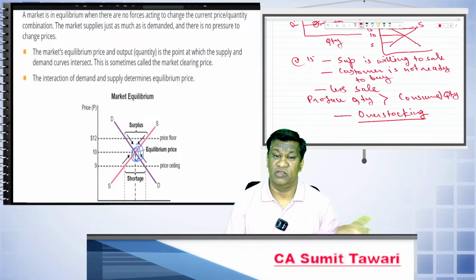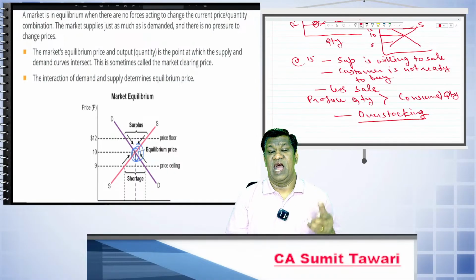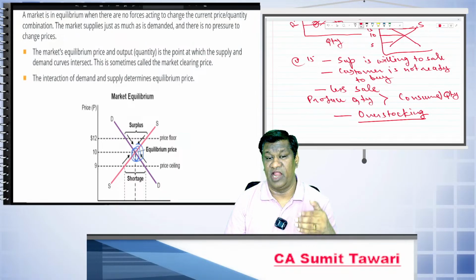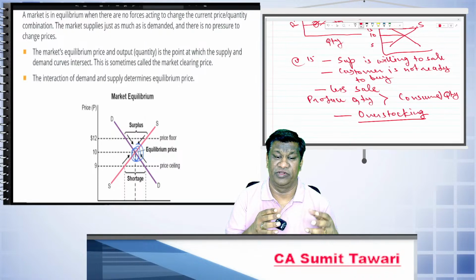They may go to the competitor like this. After that they float an offer and try to keep the cost to the customer slightly less. They generate an offer during the festival, but their main intention is basically to clear the stock.